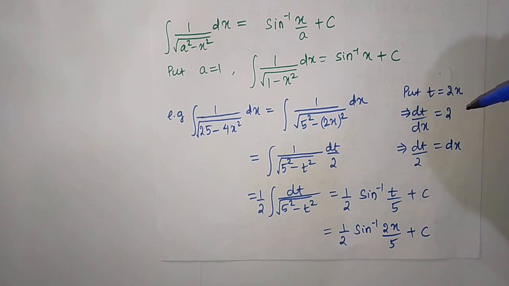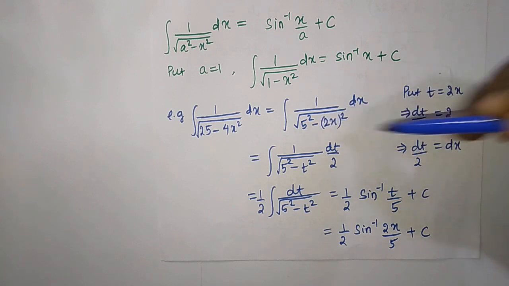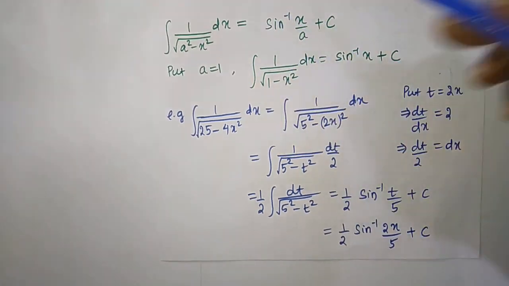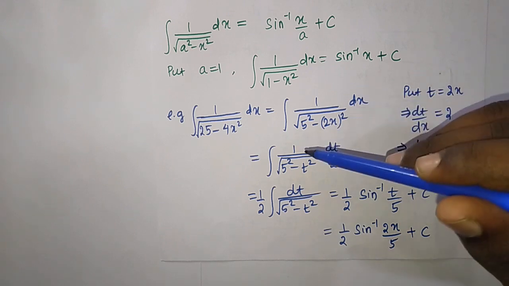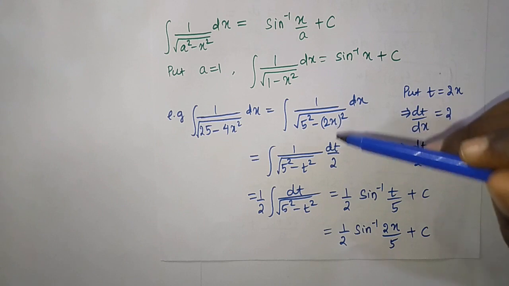We will put t in place of 2x so as to get this form exactly. Find the derivative of 2x, that is equal to 2. So dt by 2 is equal to dx.